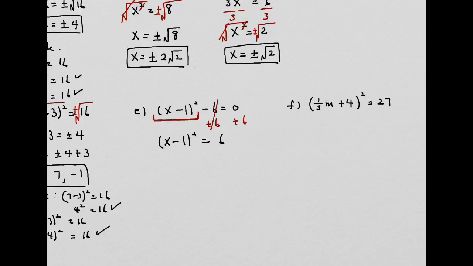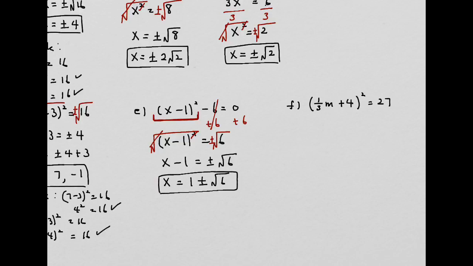Because you will have one side with the square only, I can use the square root to get rid of that square. And you need to put a plus minus sign. Then you get x minus 1 equals plus minus square root of 6. And when you isolate x by adding 1, you get 1 plus minus square root of 6.